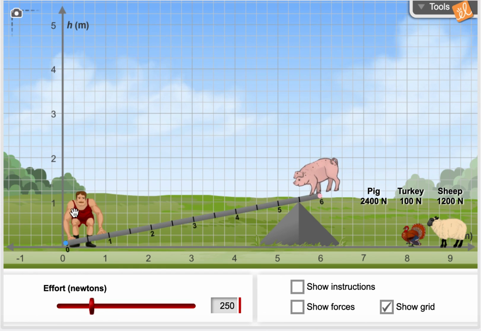I do 250, I have to move it 5 meters just to get the pig to move, I don't know, 50 centimeters. So that would be an increase in force with a decrease in distance. So depending on how you arrange the lever, you can do all sorts of different things with mechanical advantage. And as you will see, mechanical advantage changes the input work in a lot of different ways depending on your simple machine.